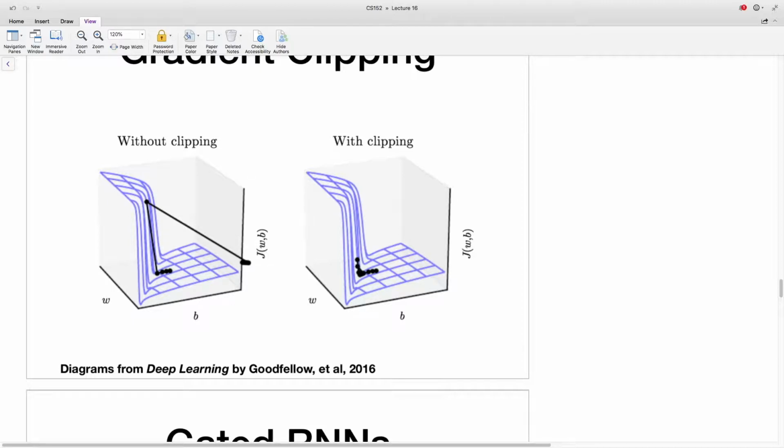And in fact, every time we come back in here, that might happen, where we go a little too far, and then we get shot back out. By using clipping, when we get down into here and we get up on the ravine, we only go back a little amount, so we don't get shot way back over here. So gradient clipping is a very reasonable way to deal with exploding gradients. We've still got the vanishing gradient problem. Questions?